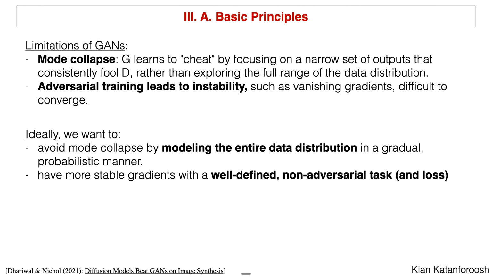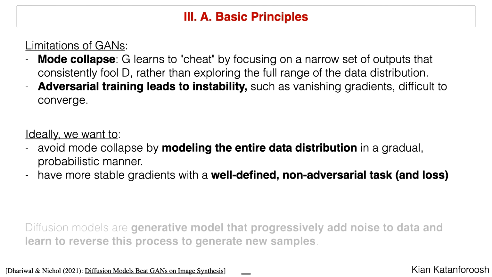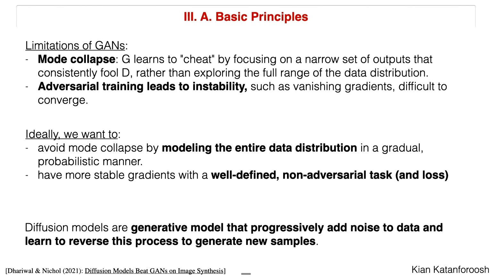Single model, not two models. The core idea behind diffusion, and that's also where the word comes from, is denoising. It's a generative model that progressively is going to add noise to the data and learn to reverse the noising process. It's a very smart task, actually. Very creative.